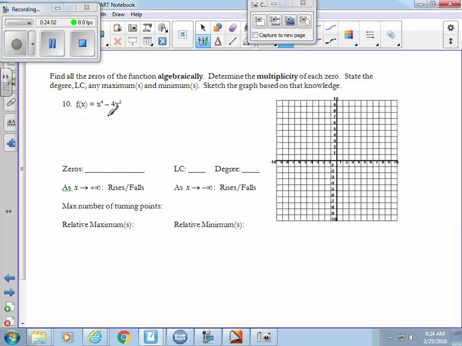It is in standard form. It's not in factored form. So what am I going to do? Factor it. Try this one. Not yet. We'll do it tomorrow. Remember the 3 book problems.